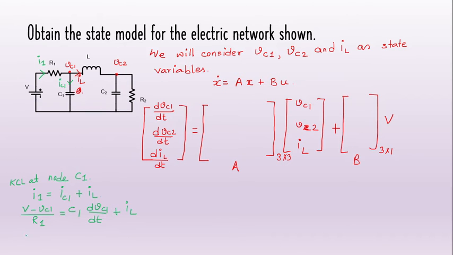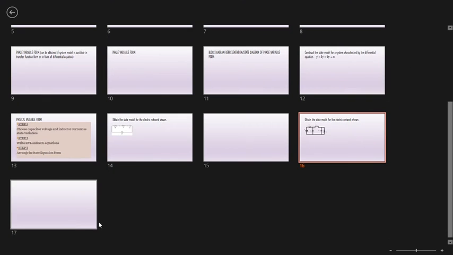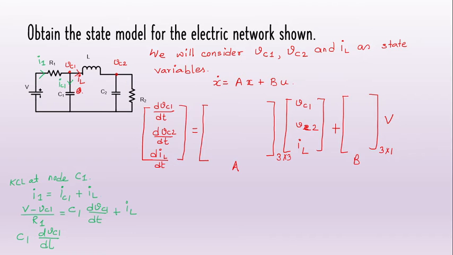So I am getting V by R1 minus VC1 by R1 minus IL.